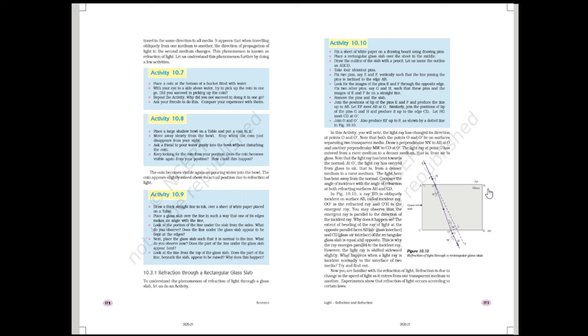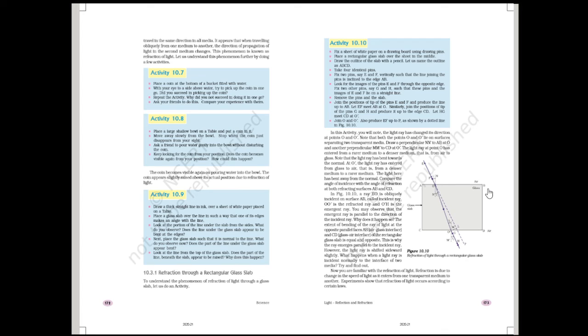When you fix these two pins G and H, they should cover E and F properly, so that they come just in front of them.